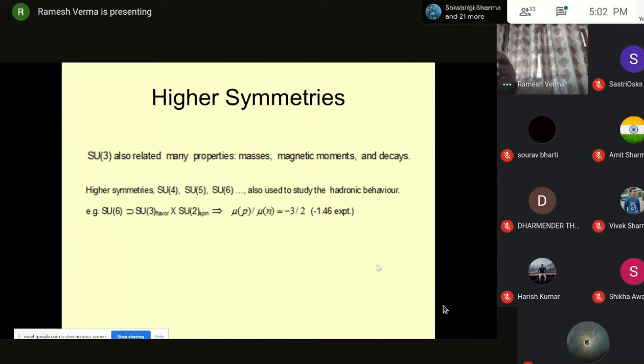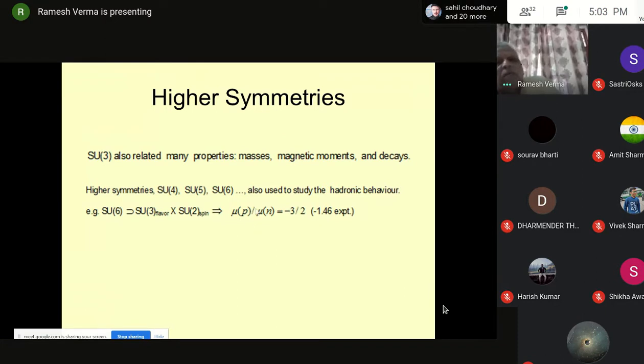But not only that, they enlarged the group along the internal direction. They even tried to combine this flavor symmetry with the spin symmetry. So the SU2 group of spin was used, and SU3 for flavor was used, and these combined together were put in a bigger group, that is SU6. This SU6 could even make very interesting predictions about, say, the ratio of magnetic moments.